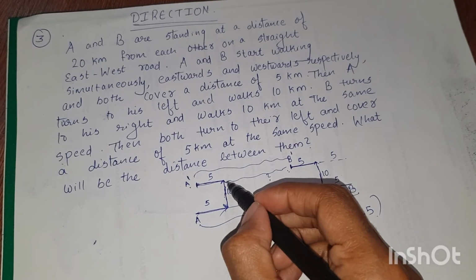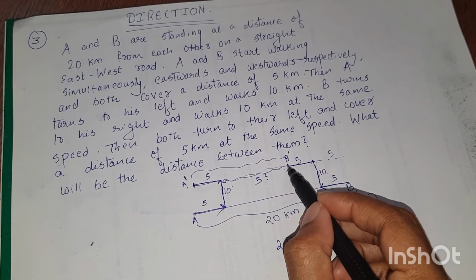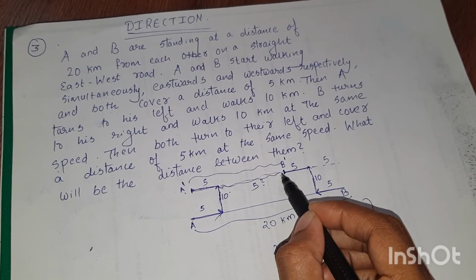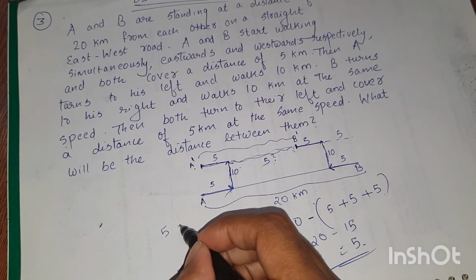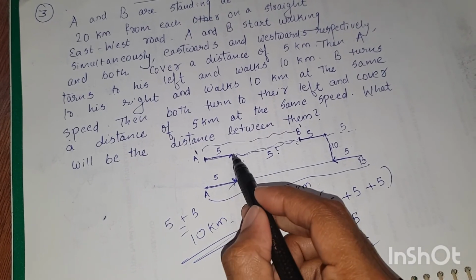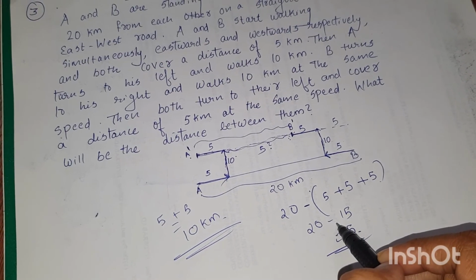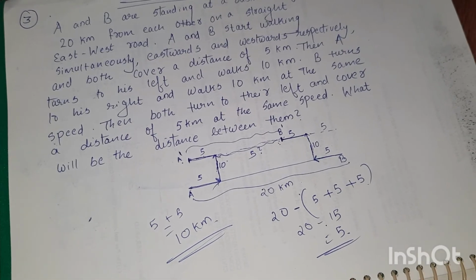So this distance is 5 kilometers. Now the A dash B dash distance is 5 plus 5, 10 kilometers. So the distance between A dash and B dash is 10 kilometers.